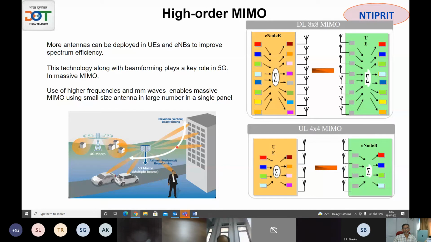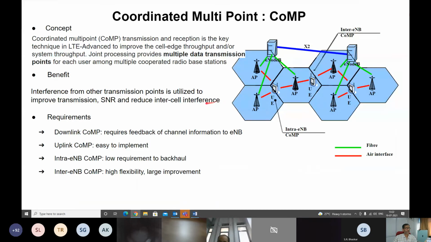And coordinated multipoint is also another interesting technology. There are two ways of looking at it. One is between two different sectors. One UE is getting signal from two different sectors. Both are utilized for giving service to him. Earlier it was being seen as a neighbor.